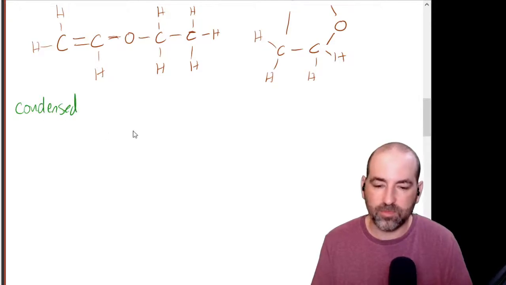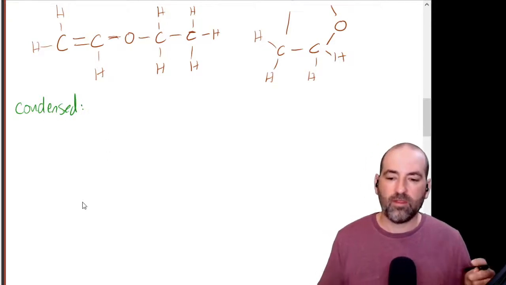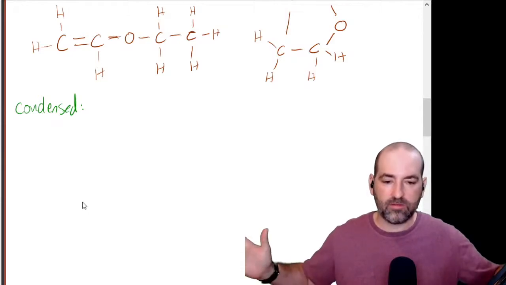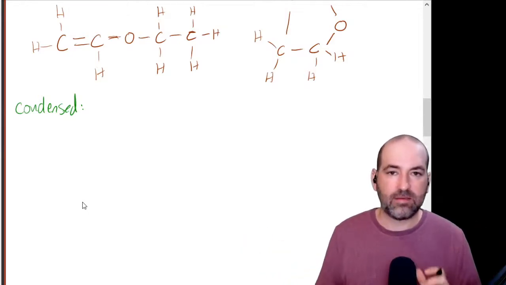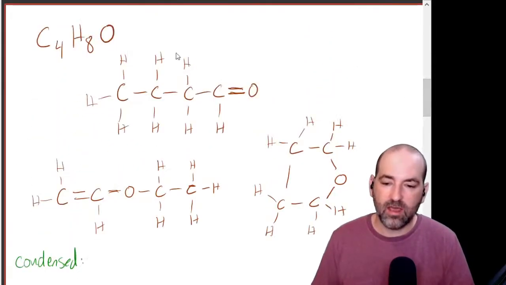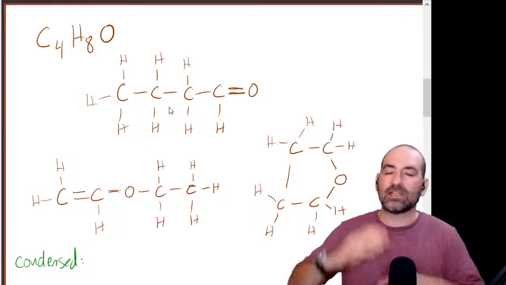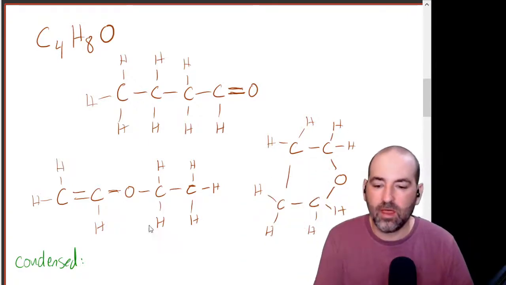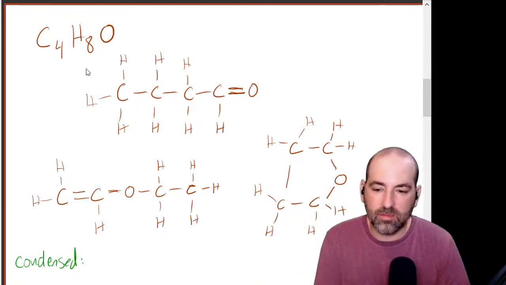Condensed structures are where we take all the hydrogens and we kind of push them down or condense them onto the atoms that they are connected to. And the reason for that is that as these structures get bigger, there's lots and lots of hydrogens floating around everywhere. And it can be helpful to look at them more in a group.